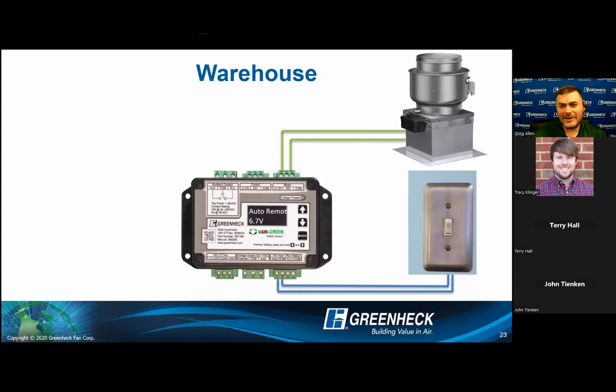You could have a mechanical switch, a light switch that just flips on. But in this scenario, again, we're talking about keeping away from miscommunications. The fan on the roof is a Vari-Green fan. Awesome. I need something to send it a 0 to 10 volt signal, right? I need to tell it when to go and how fast to go.